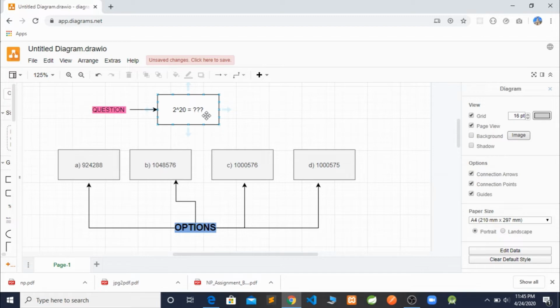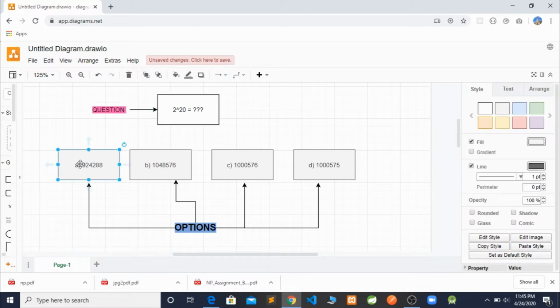Okay, so let's first go for the options, right? Sometimes eliminating the options might help us. When you say A, okay, leave those digits.